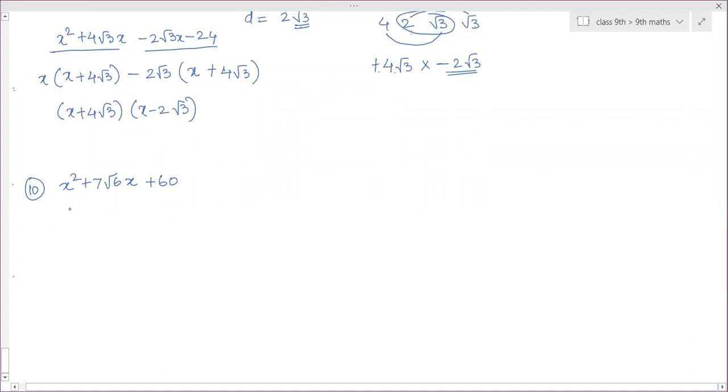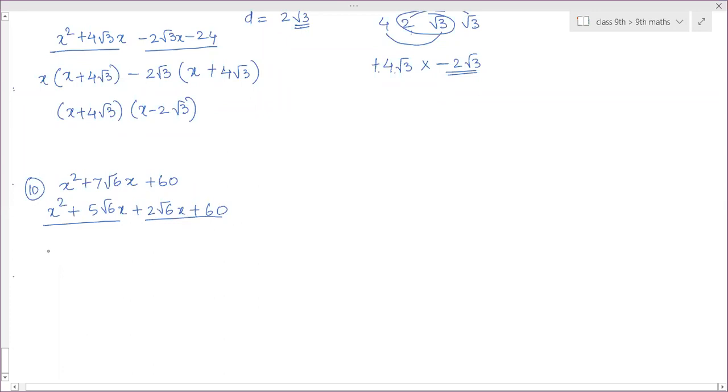Yatin, tell me the factors. Ma'am, the factors are... Second term, second step: x square plus 5 root 6x plus 2 root 6x plus 60. Very good.